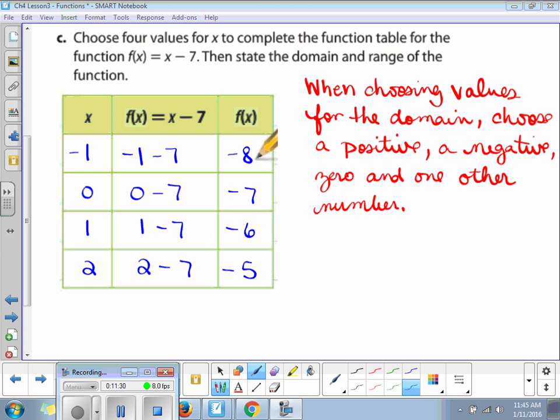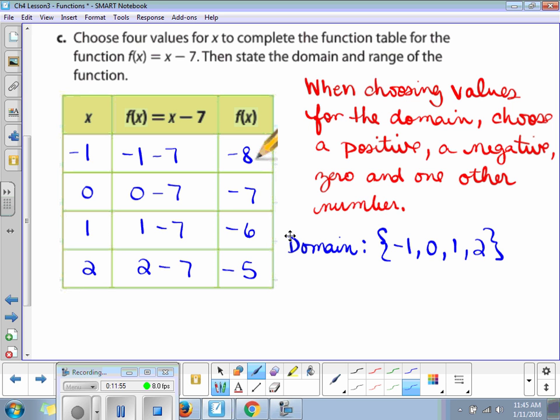And when we write them in set notation, using our little curly brackets, the domain is -1, 0, 1, and 2. And don't forget, we do not write the repeats, if there are repeats.